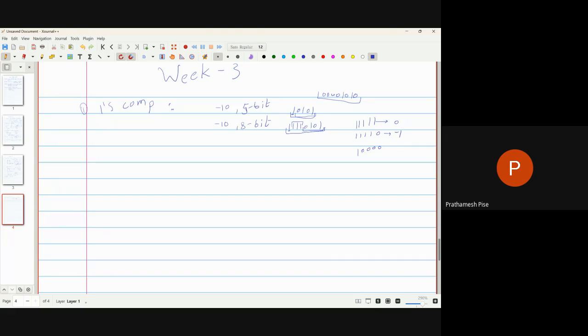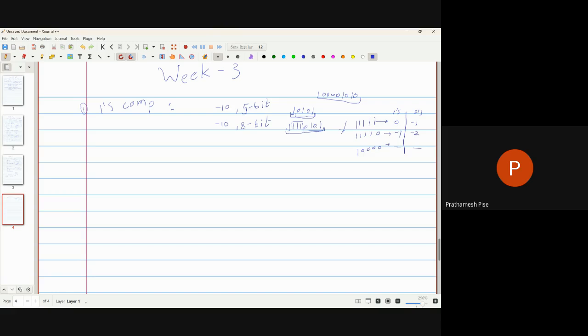In two's complement, this thing won't be 0. This will be minus 1, this will be minus 2, until this point, whatever the corresponding number is here. Therefore, we append ones here rather than zeros because we are going in this direction.